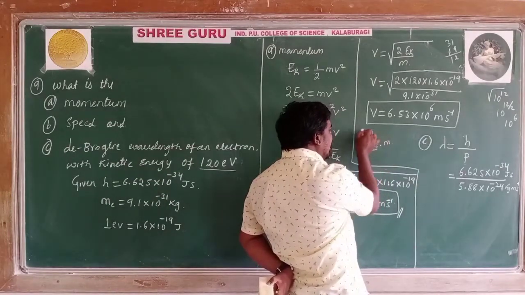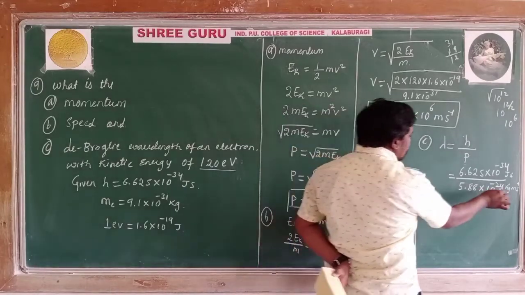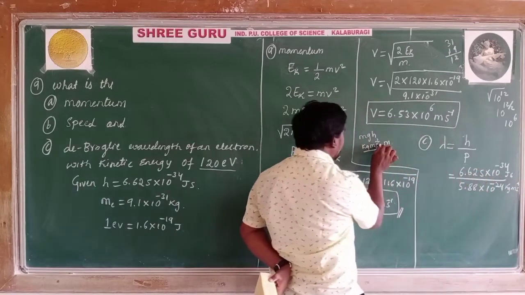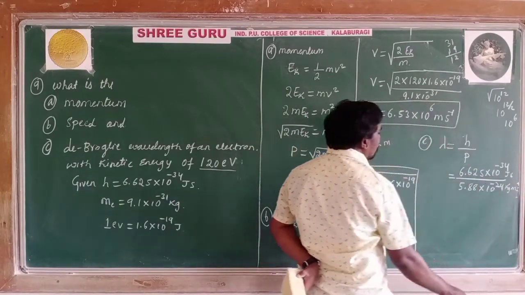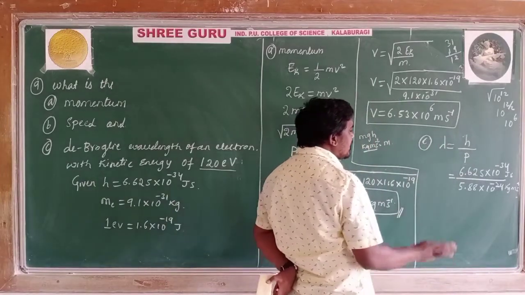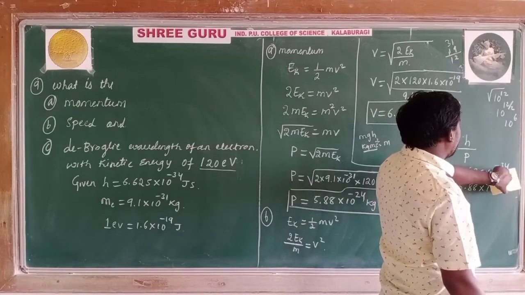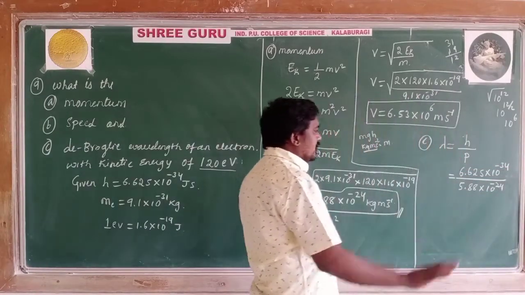We are converting the units in terms of SI unit. The kg meter per second square into meter, this will go to the numerator. The wavelength is in terms of meter. That is the conversion. Or you can directly write that the unit of wavelength is meter, length, that is the meter.